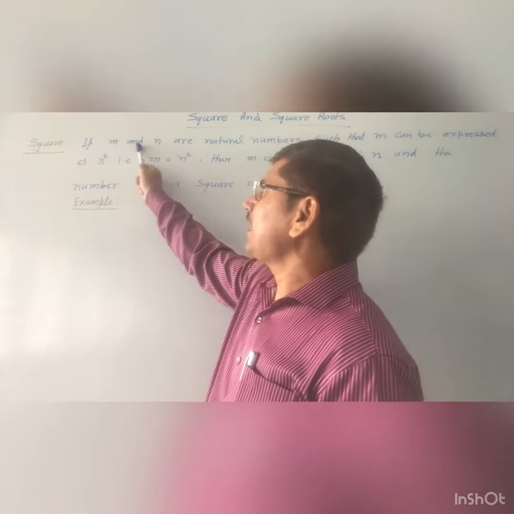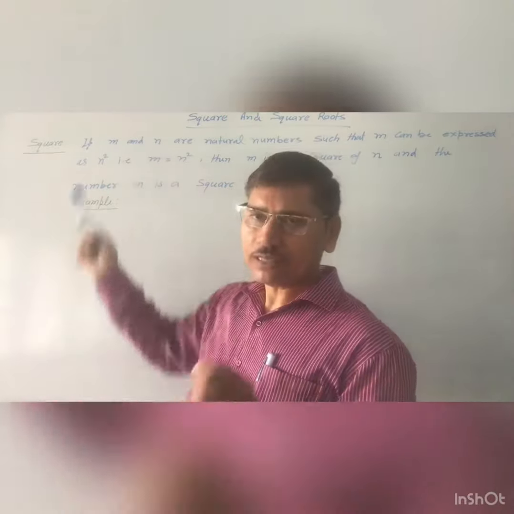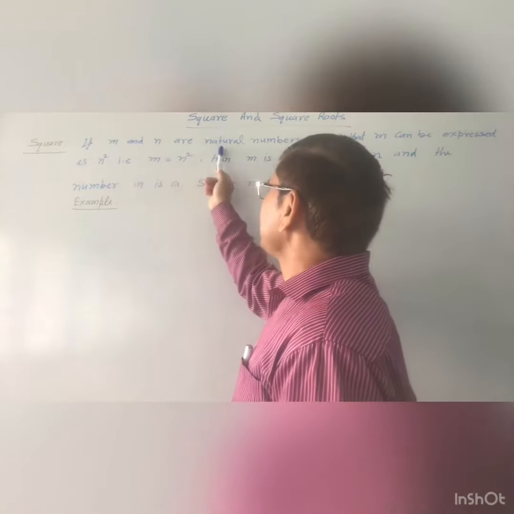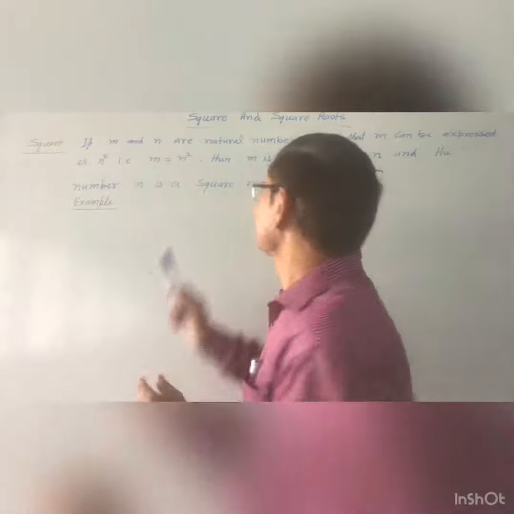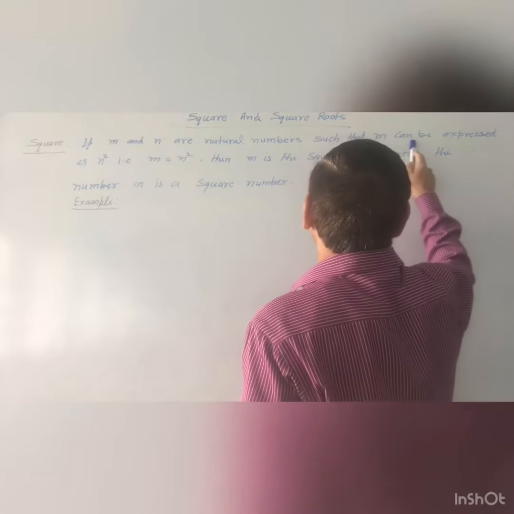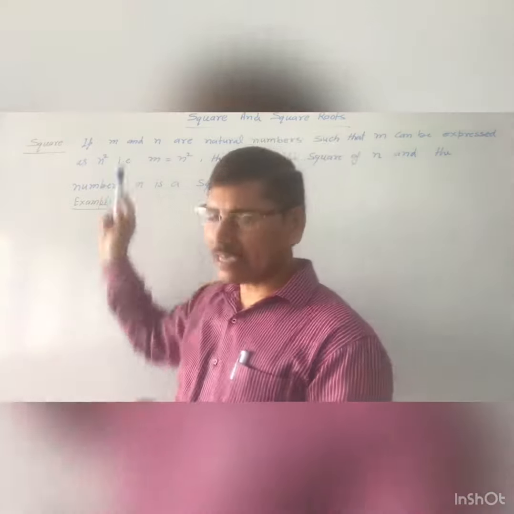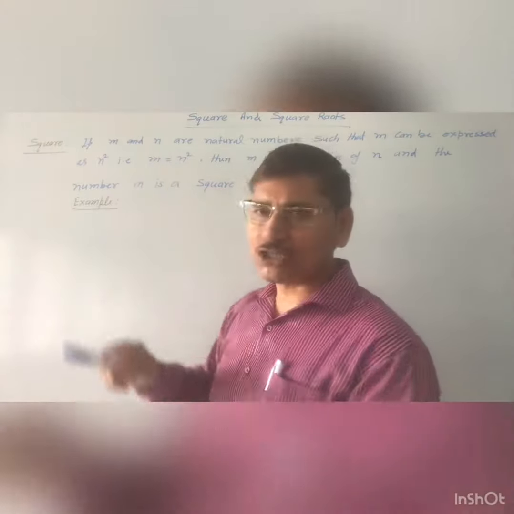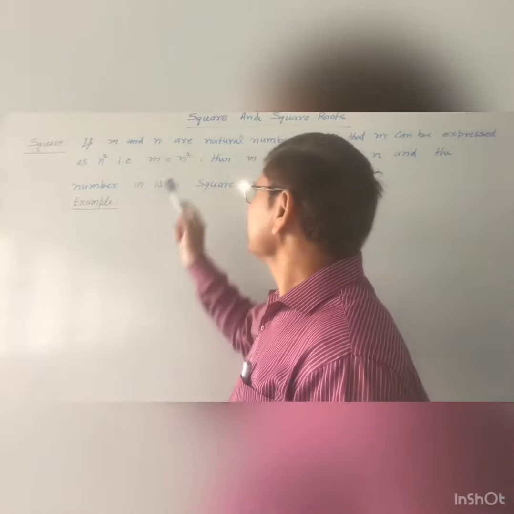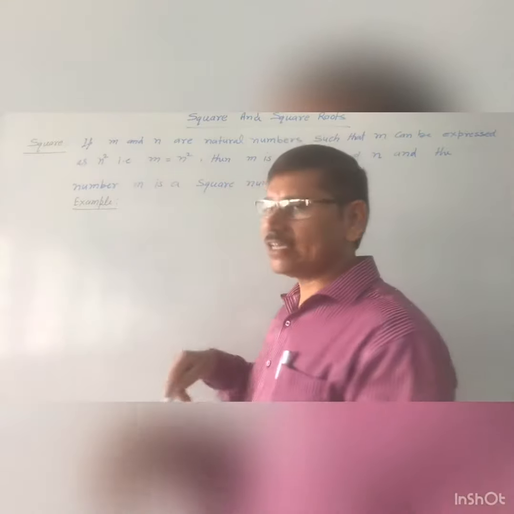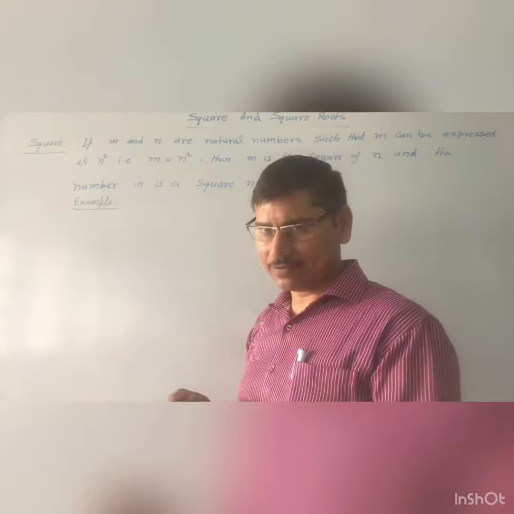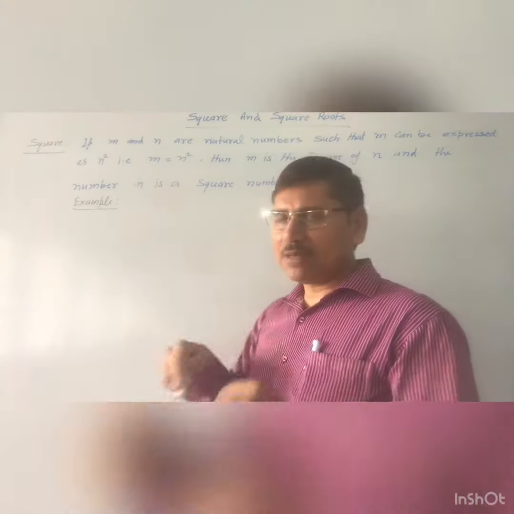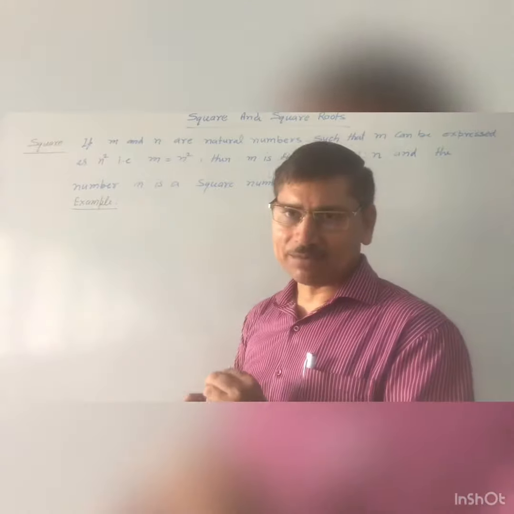If m and n are natural numbers such that m can be expressed as n square, that is m equal to n square, then m is the square of n, and m is a square number.